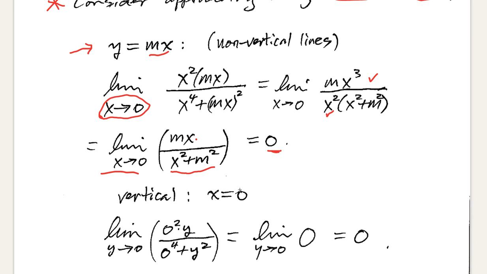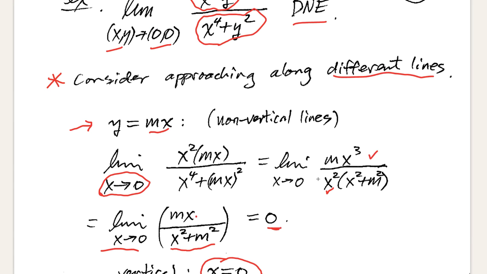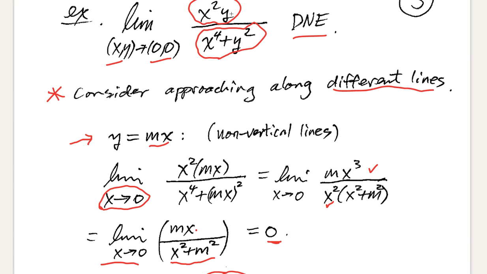What happens if we approach along the vertical line? What's the vertical line in the xy plane? That's just the line x equals 0, right? So you can imagine coming along the vertical here. X is always 0. What is our function? X squared y over x to the 4th plus y squared.